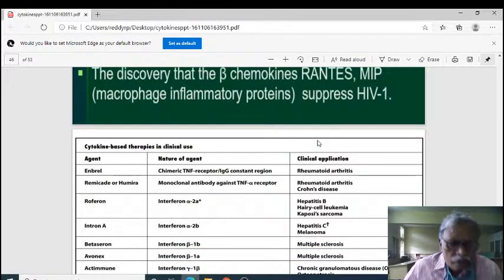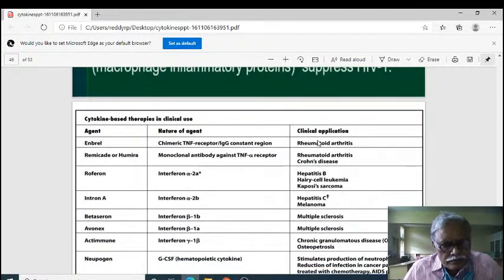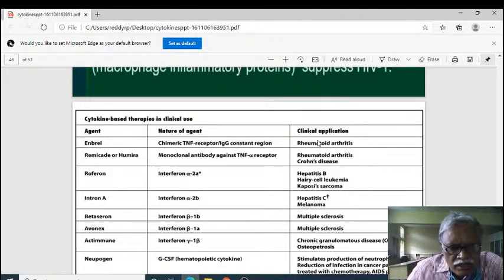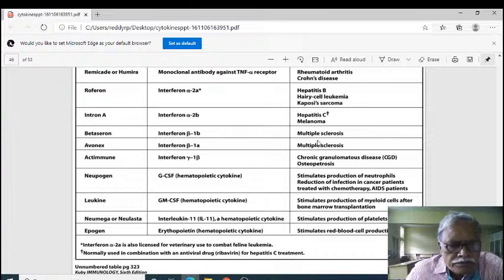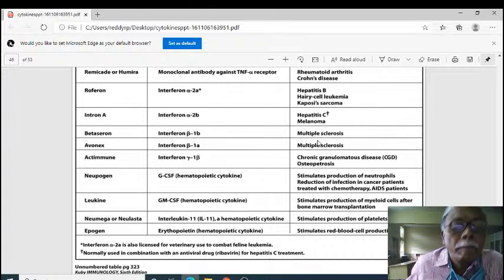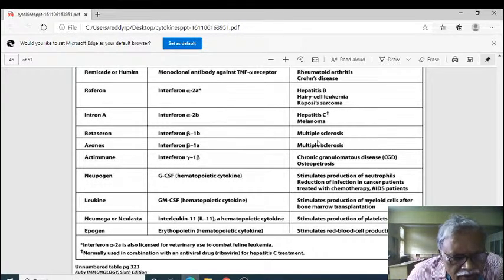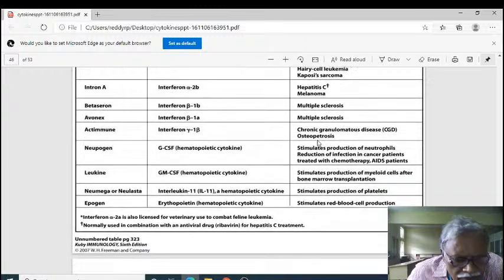So these are all the cytokine-based therapies and antiviral therapies. There are a few drugs that are mostly used in arthritis.